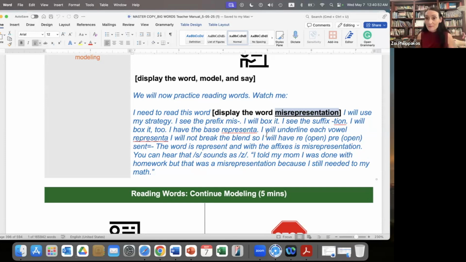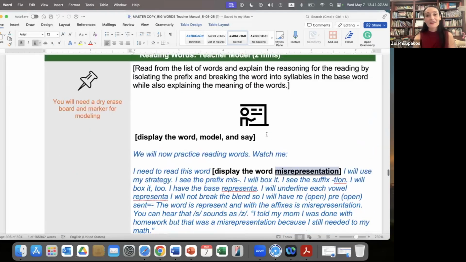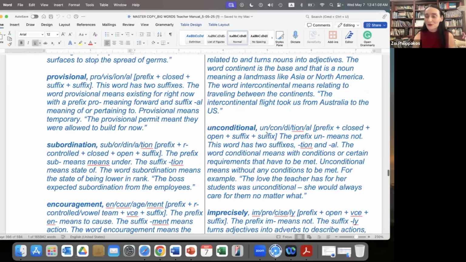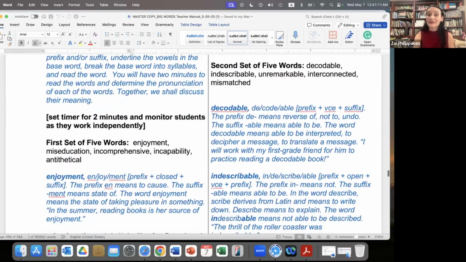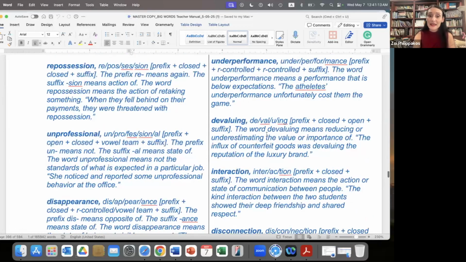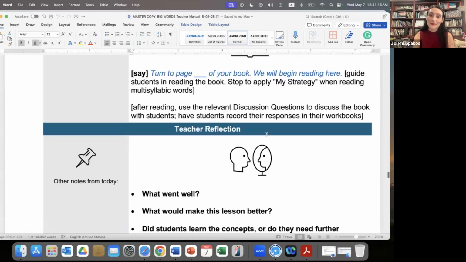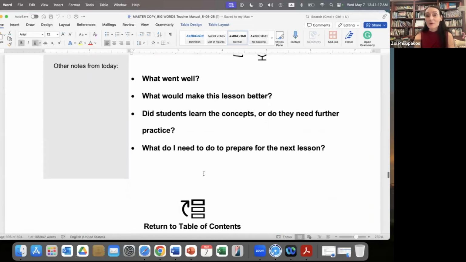So when they are prepping to present this information with the students, they can do this in a way that they also feel confident to share this information. So in the lessons, you will always see the same structure with the teacher model, with the students practice immediately after, and at the very end, again a way for you to reflect.